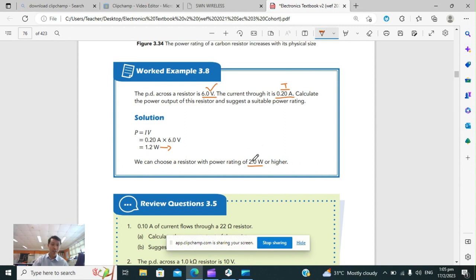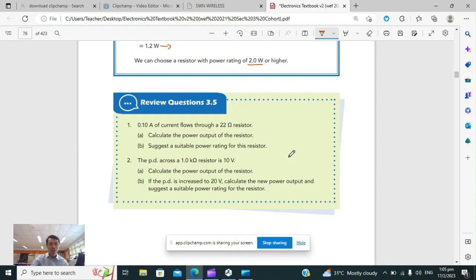Closest I get is 2 watts. I don't choose 1 watt, because a 1 watt power rating can't even handle the working power of 1.2 watts. So I need to choose double that, 2 watts.